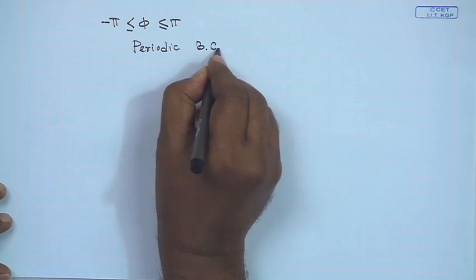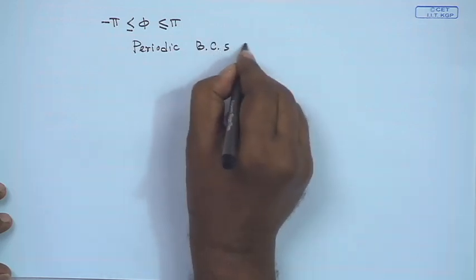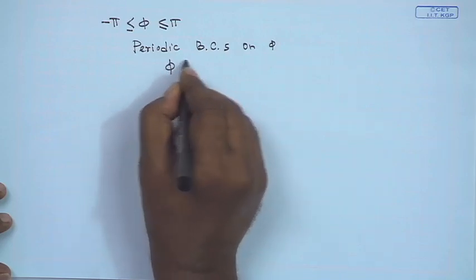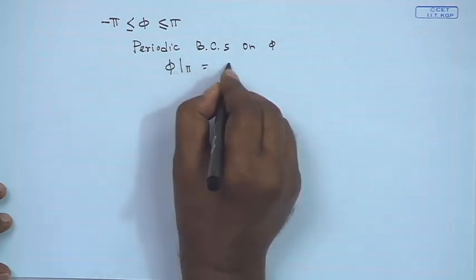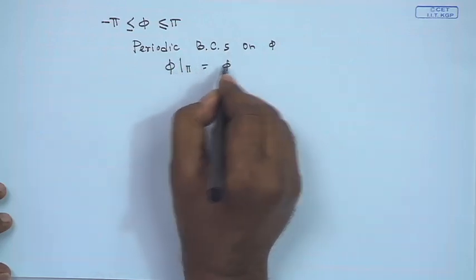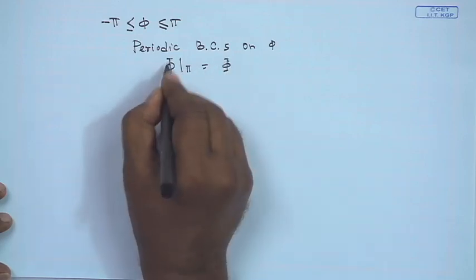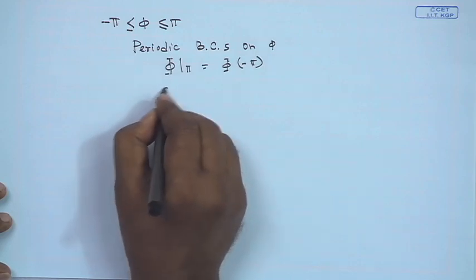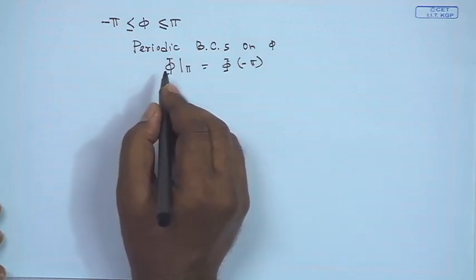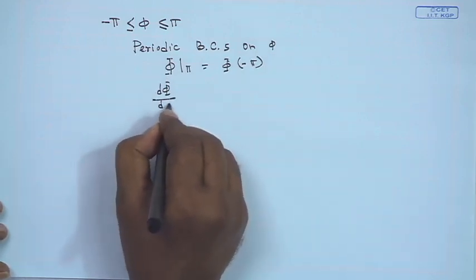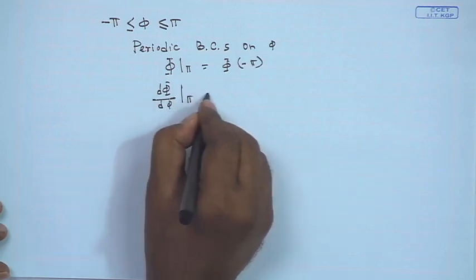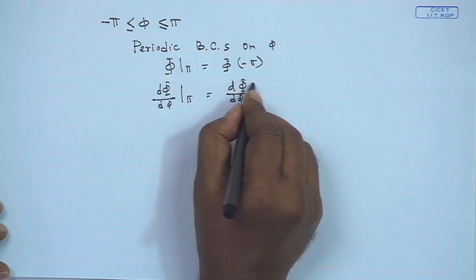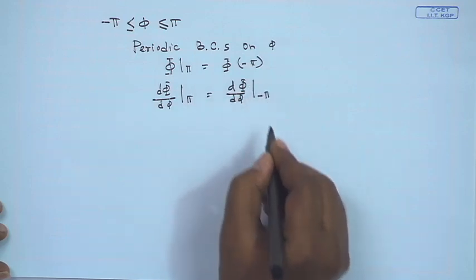Periodic boundary conditions on phi are: phi at pi is equal to phi at minus pi, and d phi at pi will be nothing but d phi at minus pi.